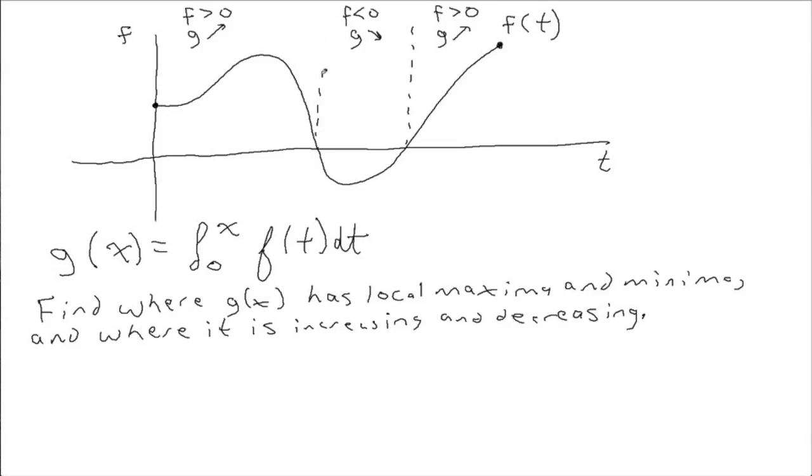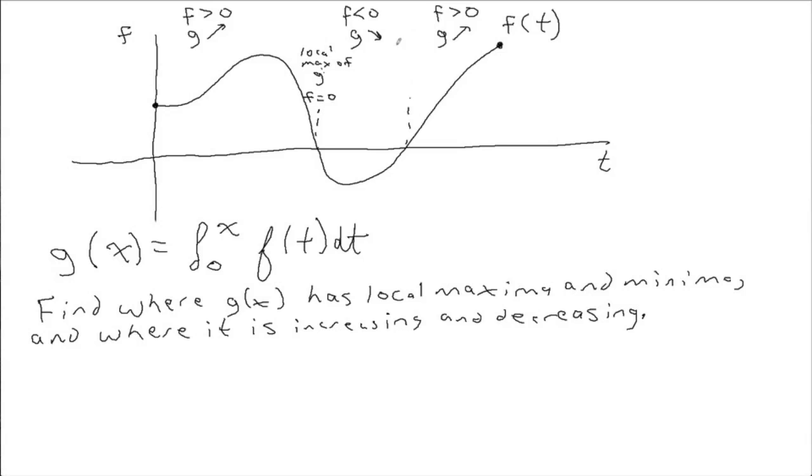And then this point here, we can say two things about it. One thing we can say about this point is that it's a local max of g, and it's also a point where f equals 0.